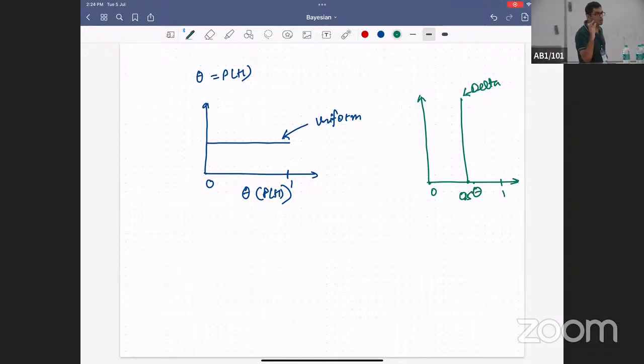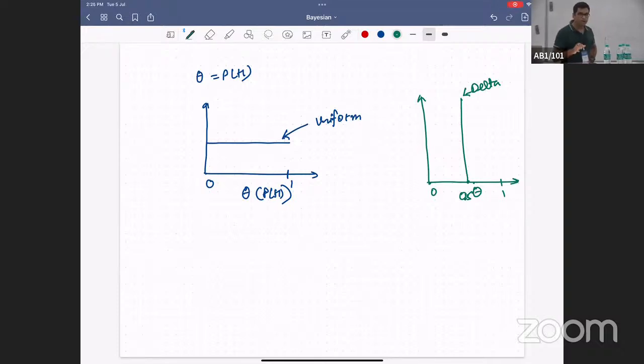You have strong evidence that the coin is indeed unbiased, and you place all of your mass, all of your beliefs in it. In fact, this is a very limiting case in the sense that even if you collect more data, your prior beliefs won't change because you're using the delta distribution. I'll not go into the details.